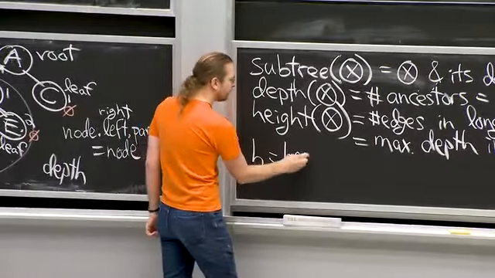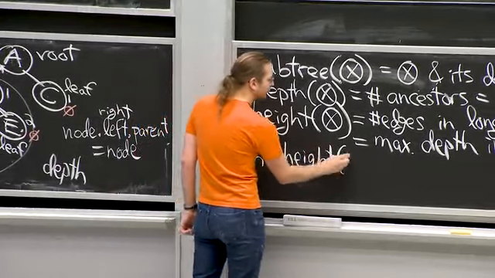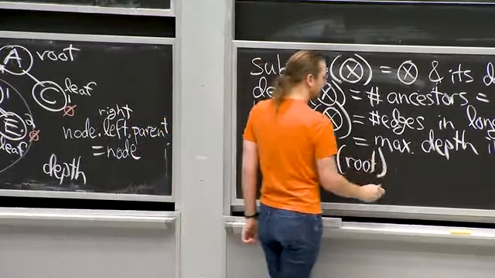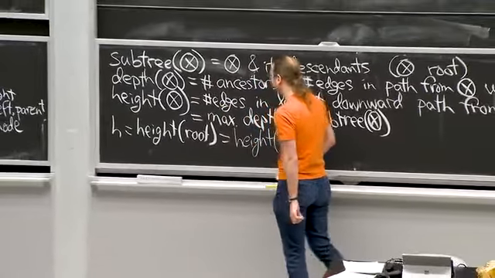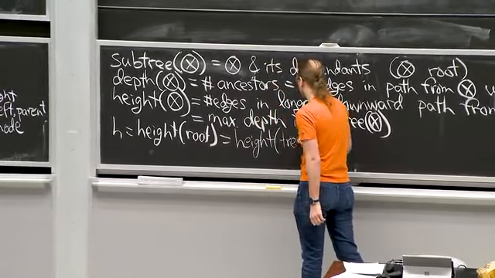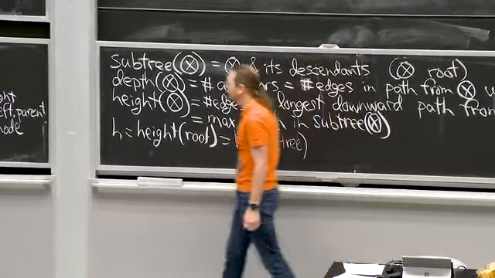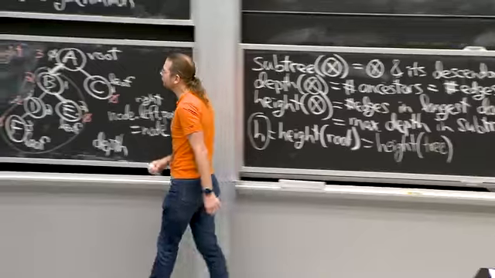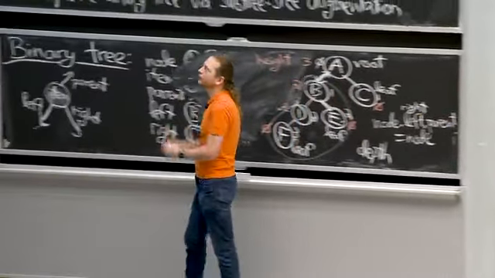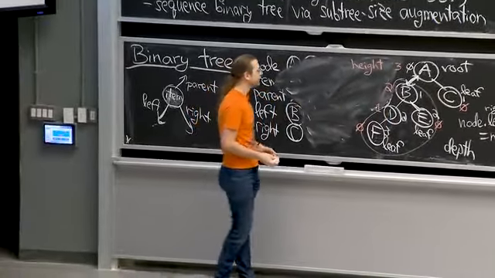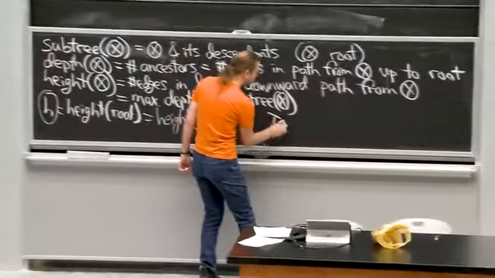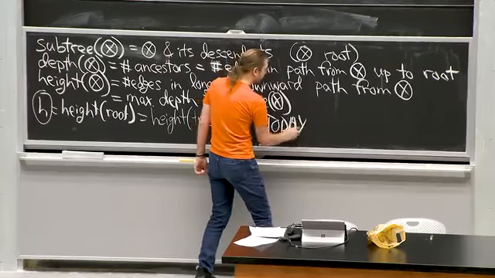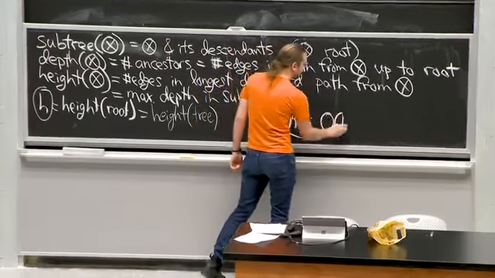Well, one thing we care about is just the height of the overall tree, which is the height of the root. And I'm going to call that H because we're going to use it a lot. And what we're going to achieve today is all of these running times, instead of being log n, they're going to be order H. So today our goal is to get all the operations we care about in order H time.